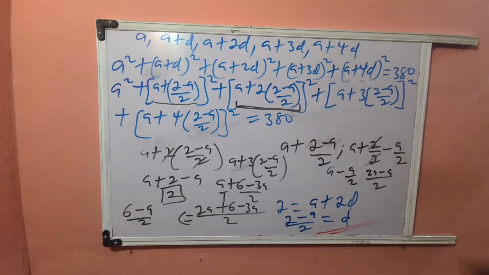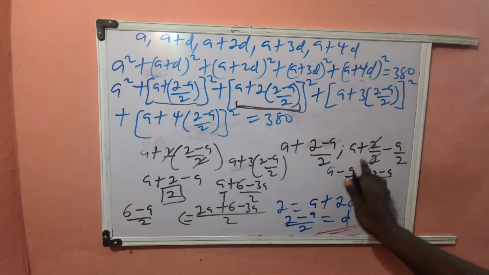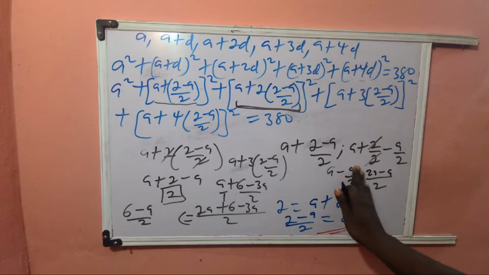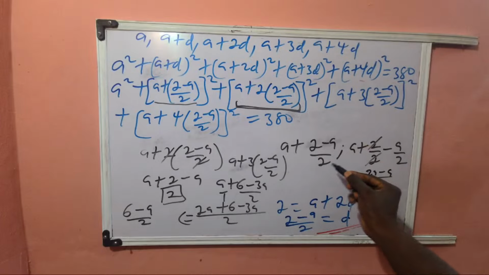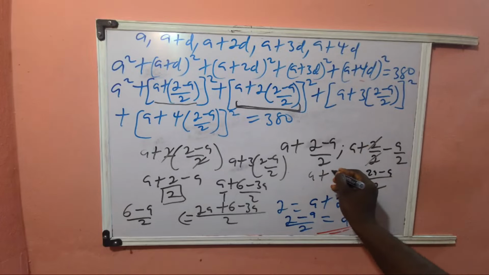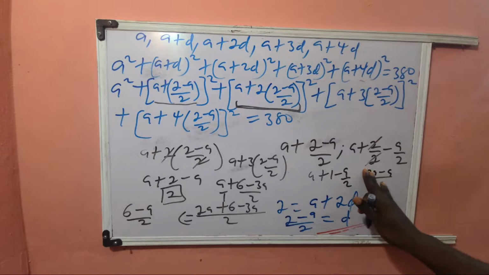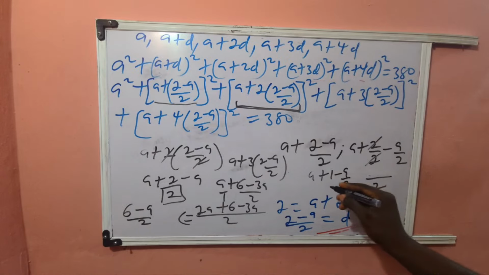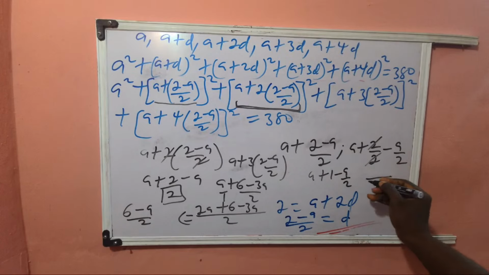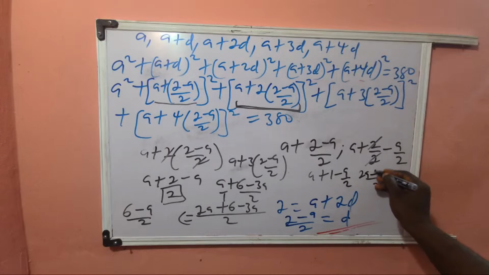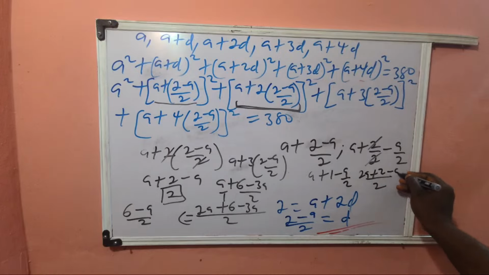Sorry, for this very first one, I'm noticing that this is supposed to be 1. So what we're supposed to have for this first one is a plus 1 minus a over 2. So our final answer, finding the LCM, will be 2a plus 2 minus a.